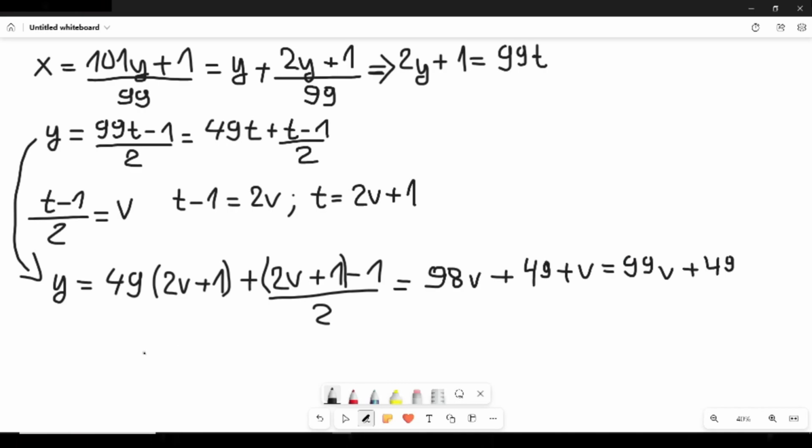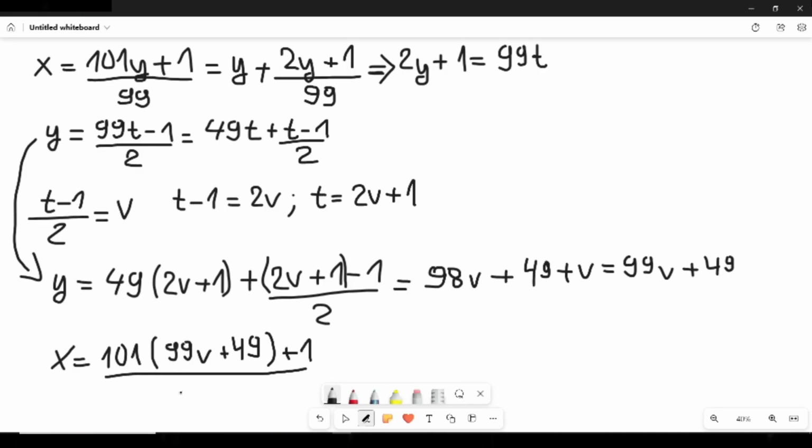From that we can say how much is x, and x is going to be 101y, which is 101 times 99v plus 49, plus 1 over 99.